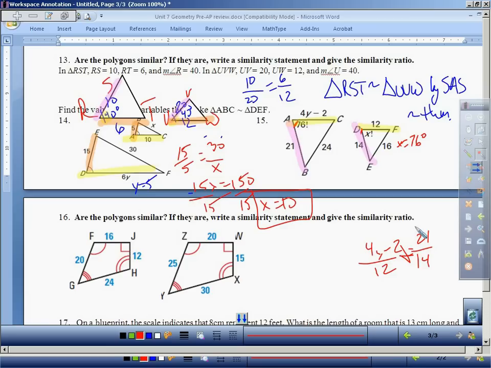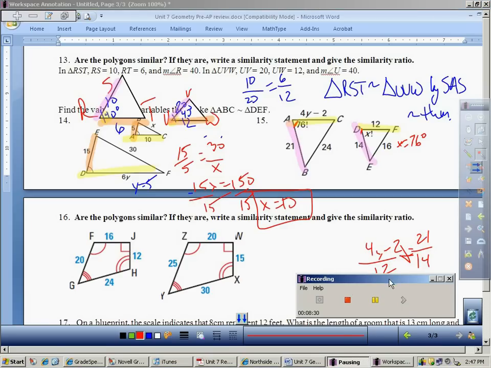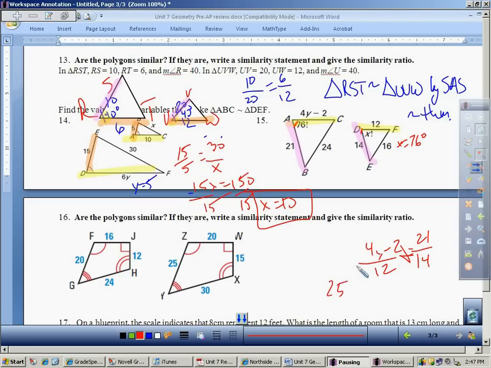21 times 12 is 252, equals 14 times 4y, which is 56y, minus 28.